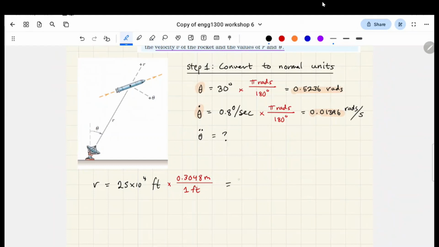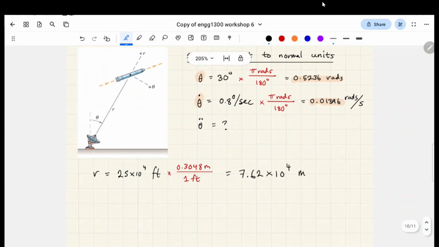And then we're just going to get rid of these units, right? And we're going to end up with meters. All good? And we're also given the radial velocity, which is 4,000 feet per second.